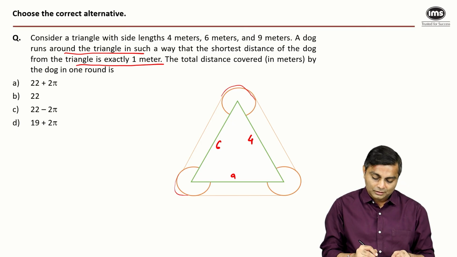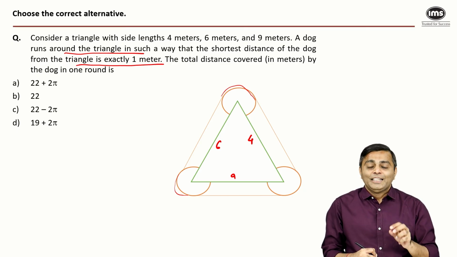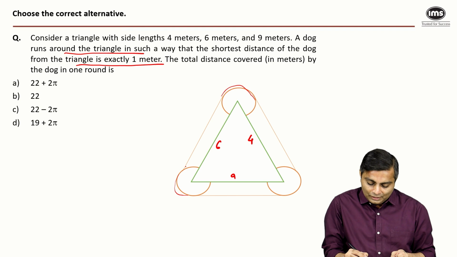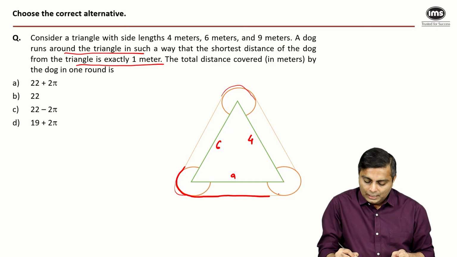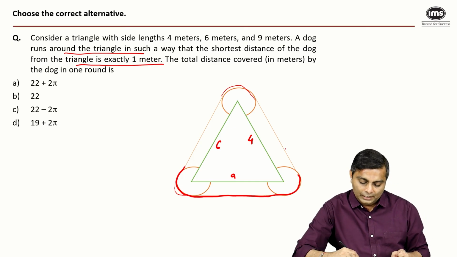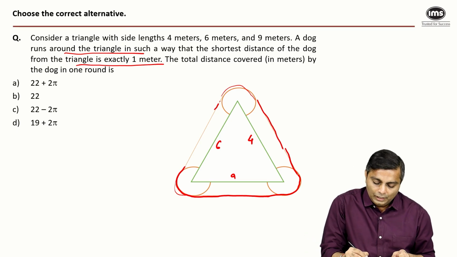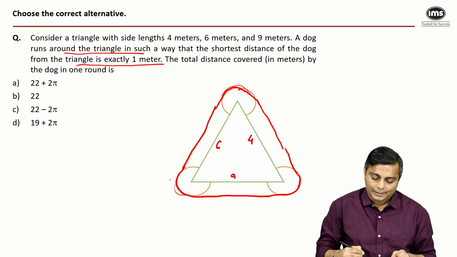So instead of doing my own fancy drawing, I have circles now. The dog will cover this much distance on the circular path, then again go straight, cover this much distance on the circular path and again go straight on this line, and again cover only the circular bit here and go straight.